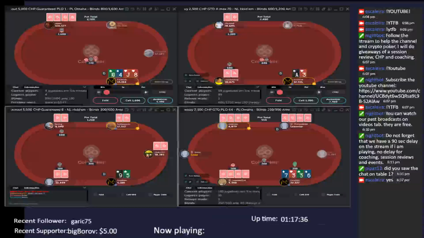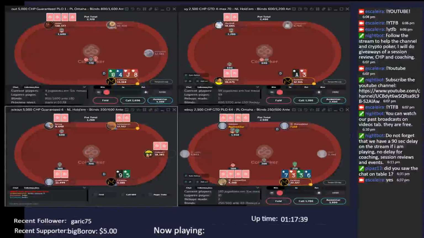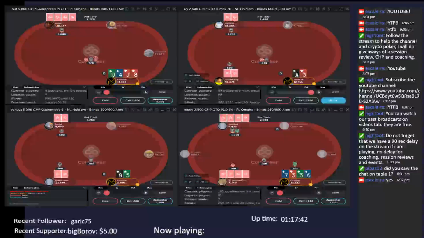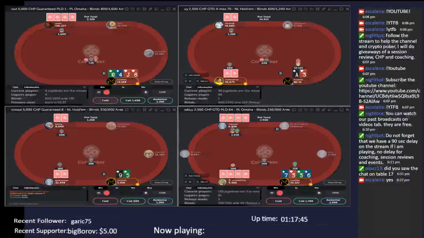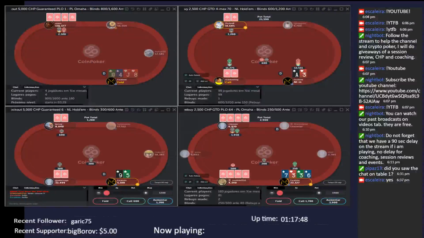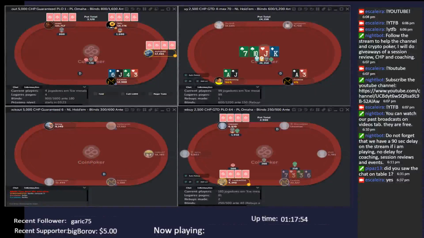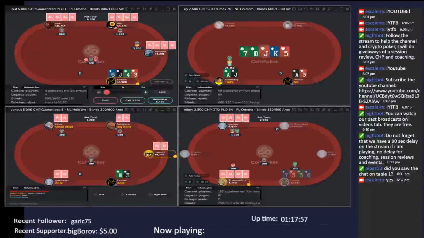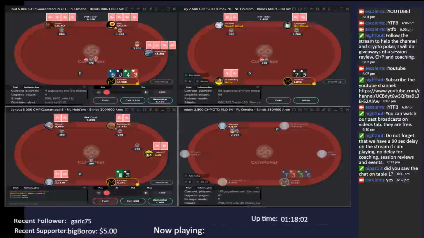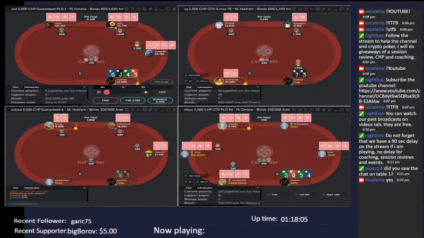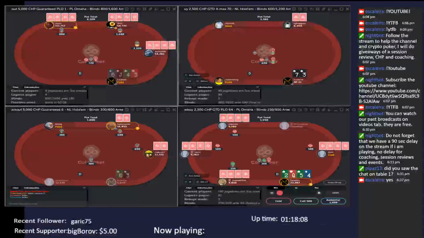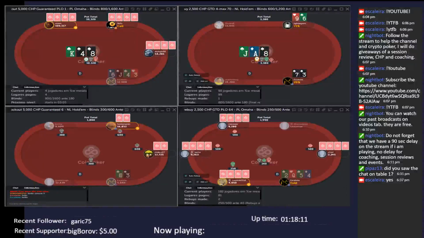Let me guess, we are on the bubble, so we can go all in and we'll be in the money. So we are folding, and we are in the money on the tournament. If we lose this hand, we will be with 20,000. No, I need to go all in so that I can have that 20,000 stack.